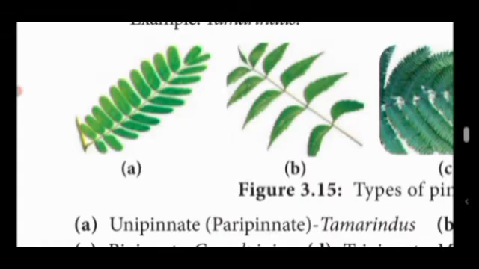Example: tamarindus, Apris, Sesbania, Saraca and cassia. When the leaflets end in an odd number, a single terminal leaflet, it is said to be imparipinnate, that is, unpaired. Example: rose, neem and Chinese box are some of the examples for imparipinnate compound leaf.